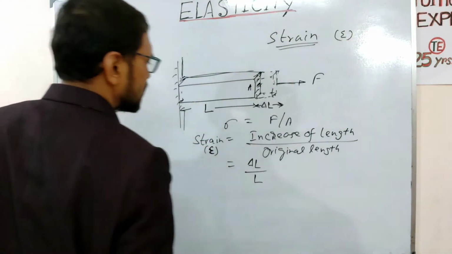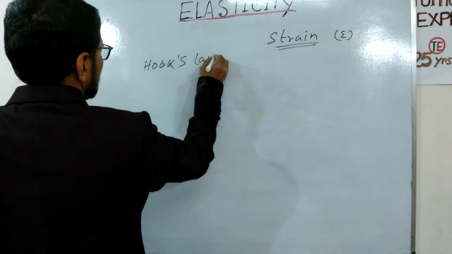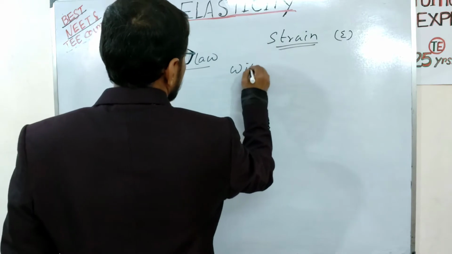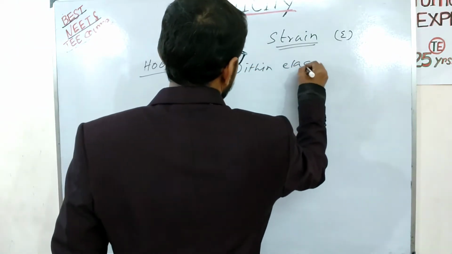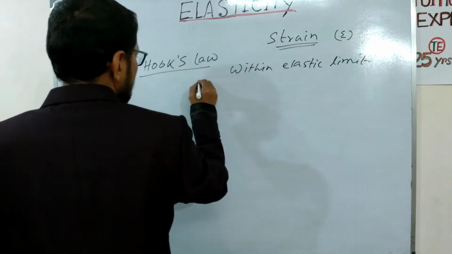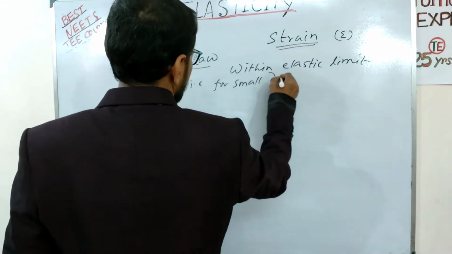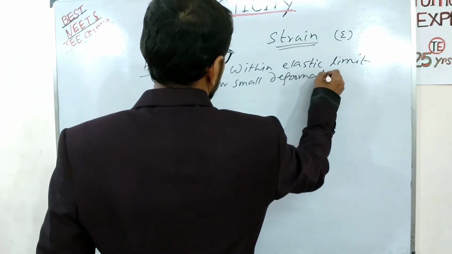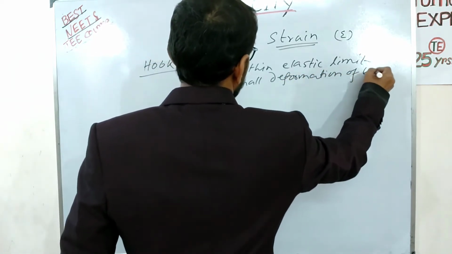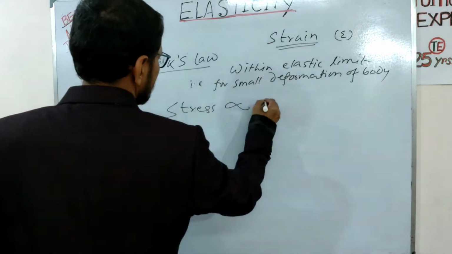Now we apply Hooke's law within the elastic limit, that is for small deformation. For small deformation of a body, stress is proportional to strain.